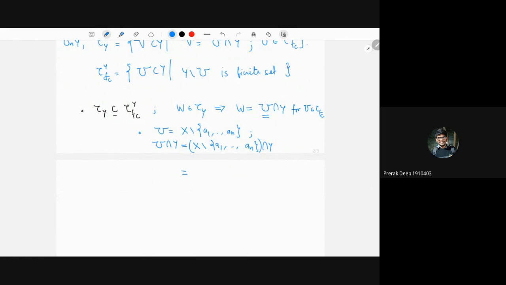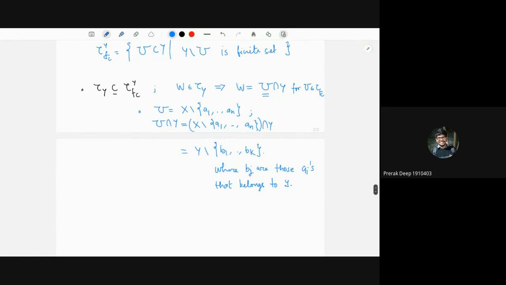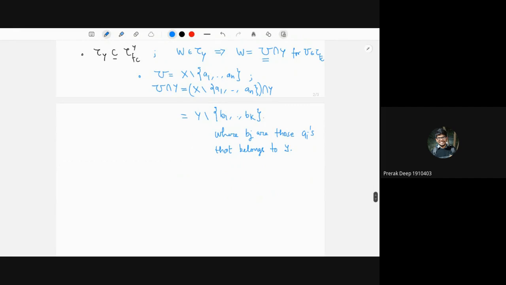If any of the AIs belongs to Y, that will be removed from Y. So this is equivalent to saying Y minus the BJs, where the BJs are those AI that belong to Y. And if there is none such, then you will get the whole Y as the intersection. So this will be the set.